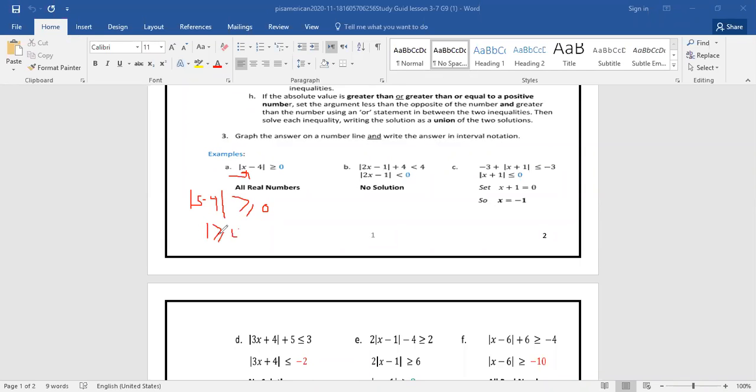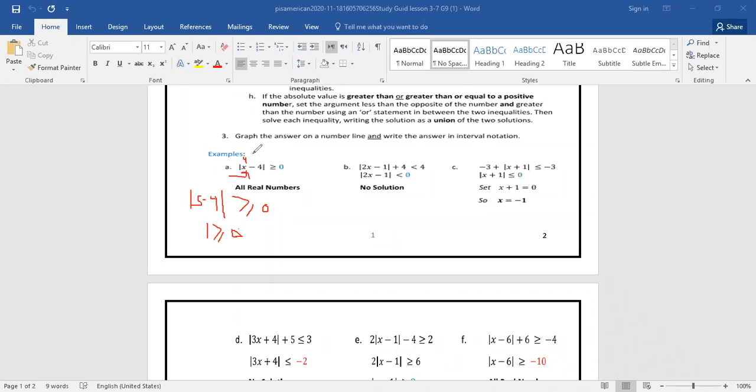If you will substitute the value of x by 4, we said more than or equal what? More than or equal 4. Then if I will substitute the value of x by 4, it will be absolute value 4 minus 4, which means 0. 0 more than or equal 0.